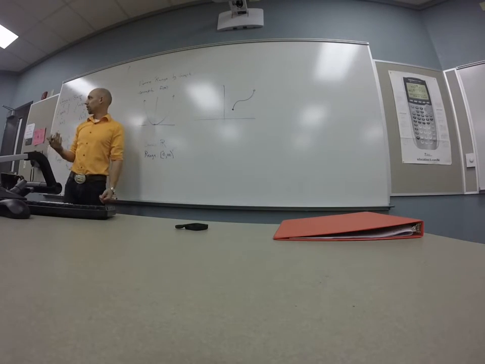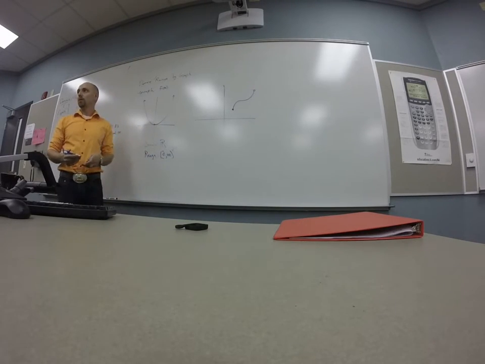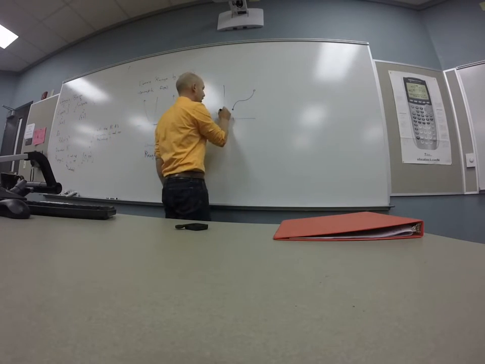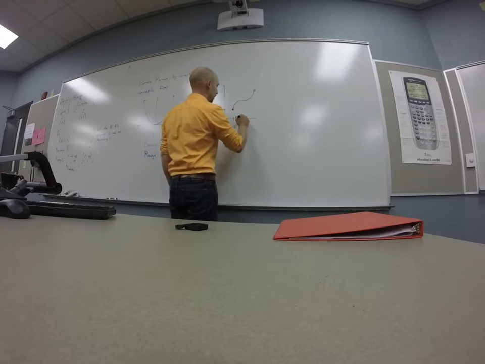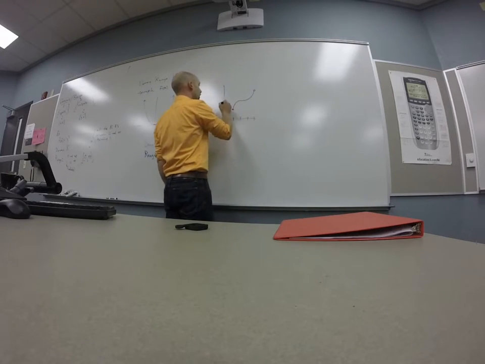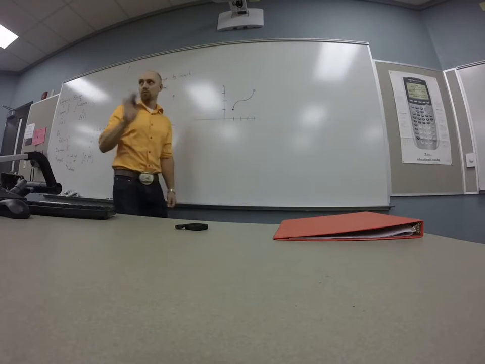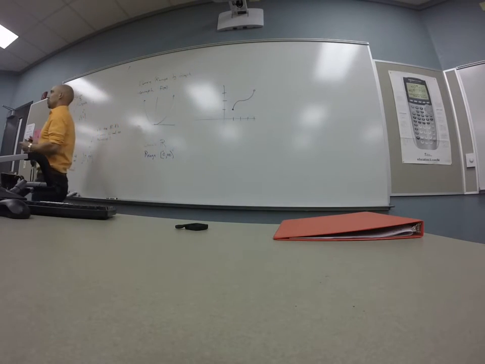Okay, I want to know about the domain and range of this function. So maybe here's 1, 2, 3, 4, and 1, 2, 3. Okay? So now I want to know about domains and ranges.